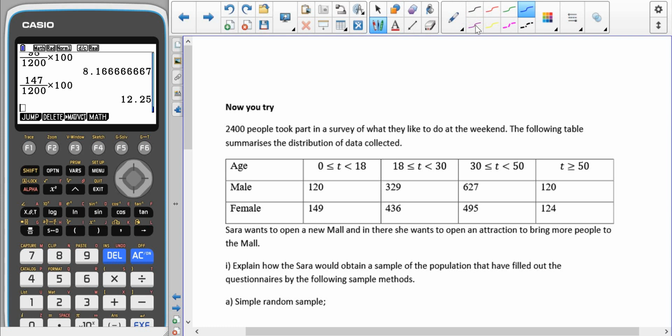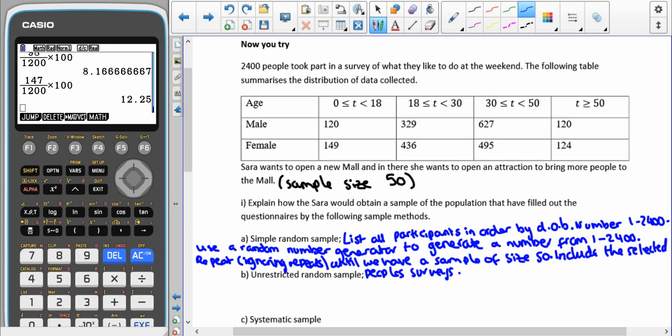Again, for this question, let's say that the sample size is 50 this time. So just to save some time, I've written down the answer and then I'll just talk through it. For a simple random sample, we're going to list all the participants in order from date of birth, because that's the information that we have.